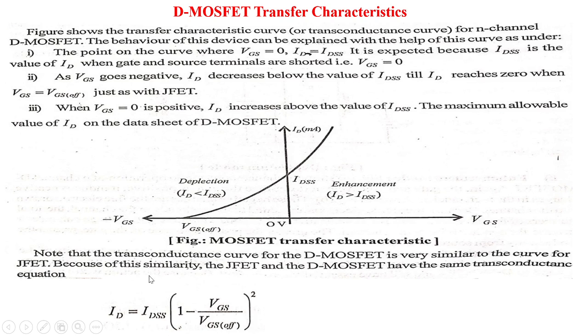Now note that the transconductance curve for the D MOSFET is very similar to the curve for JFET. Because of this similarity, the JFET and D MOSFET have the same transconductance equation, that is ID equals IDSS into (1 minus VGS upon VGS(off)) whole squared.